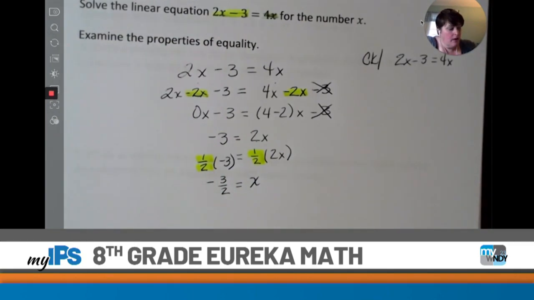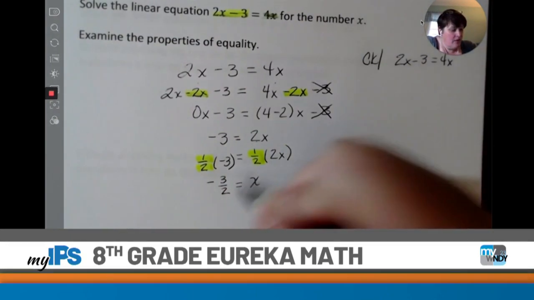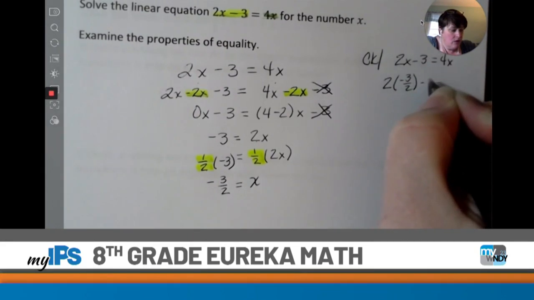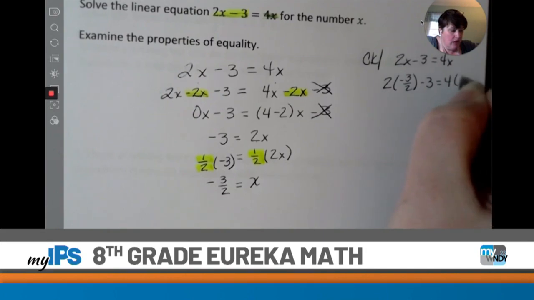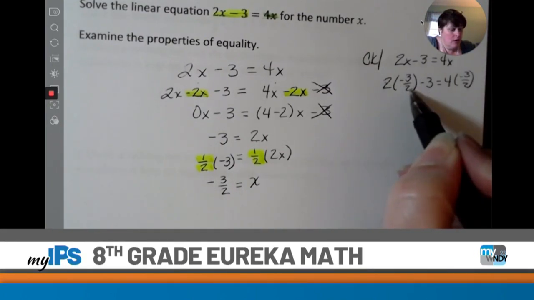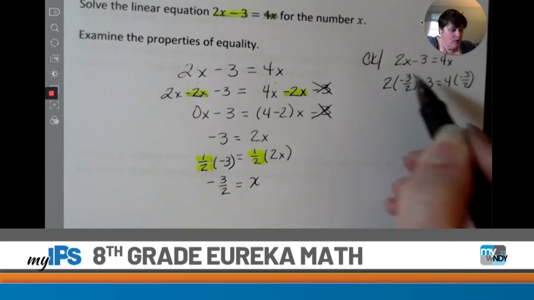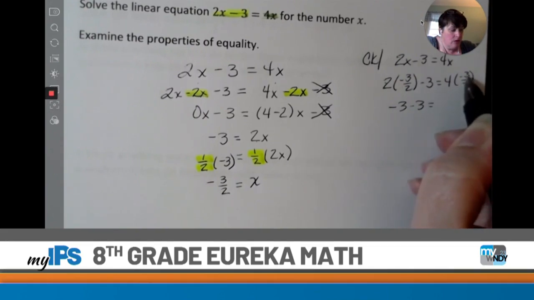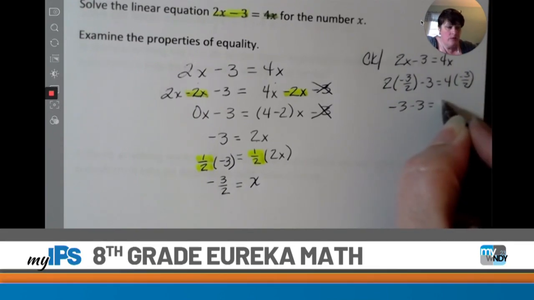All right, we said x was -3/2. 2 times -3/2 minus 3 is equal to 4 times -3/2. The 2's are going to cancel, and we are going to get -3 minus 3 is equal to 4 divided by 2 is 2, and 2 times -3 is -6.